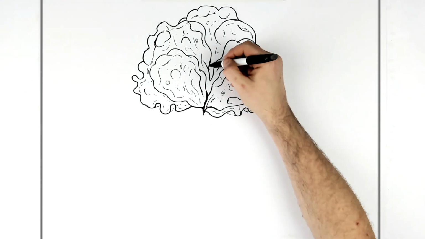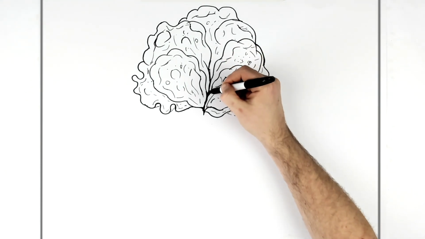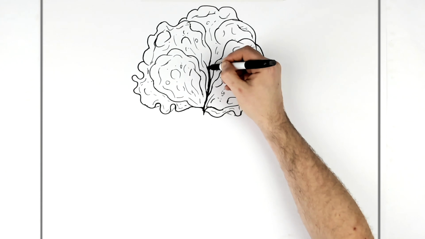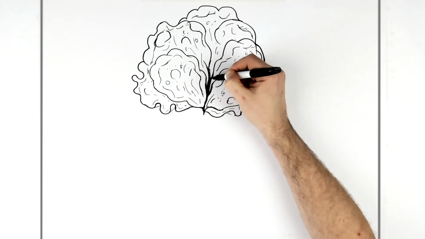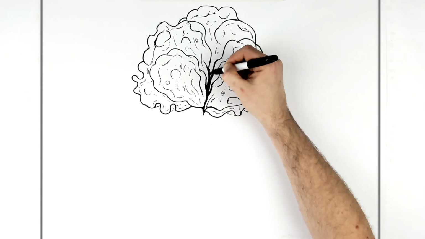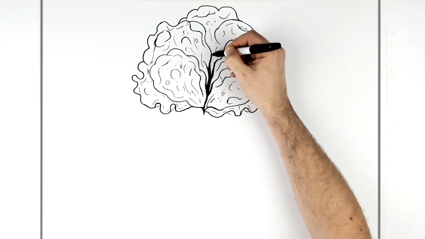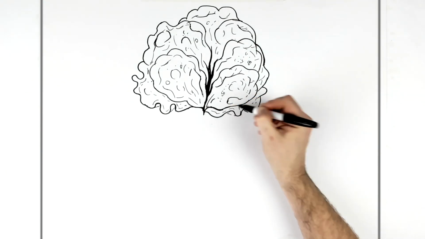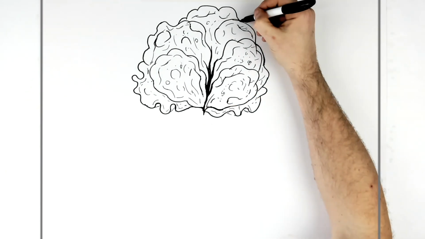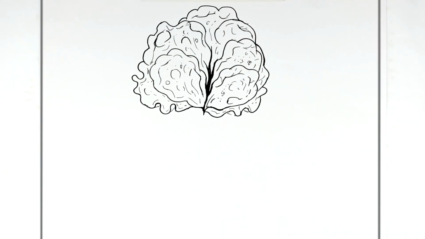Okay, and maybe some shadow in the middle, like darken up some of these lines, just to show it all goes in on itself, back in that way, right? Okay, so that's basically what the head looks like.